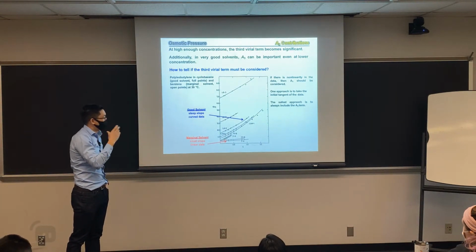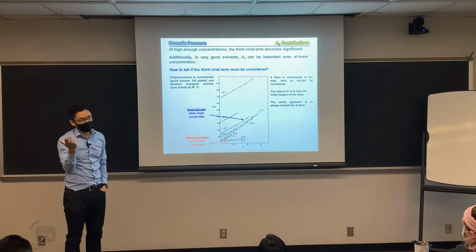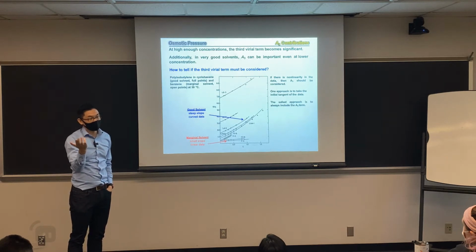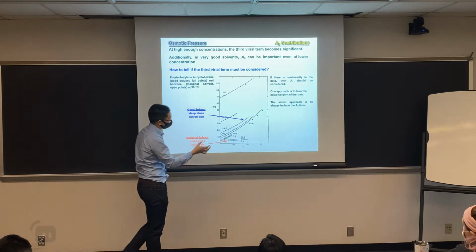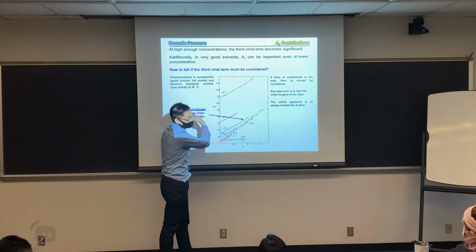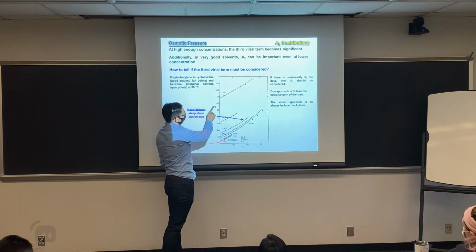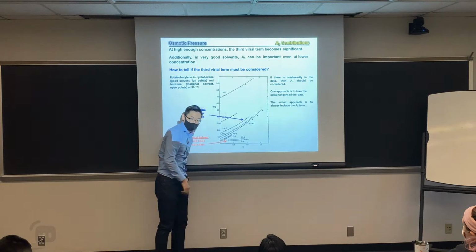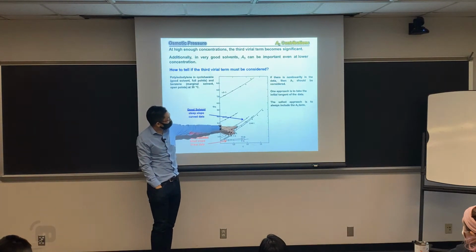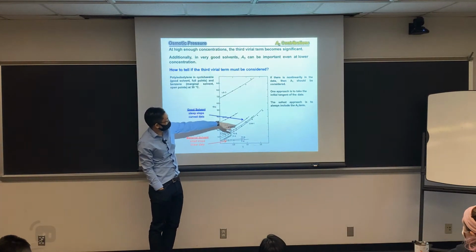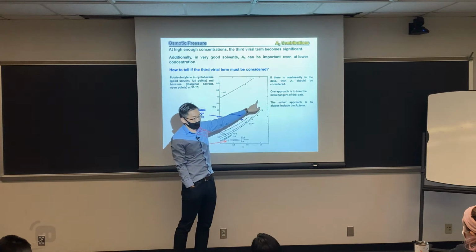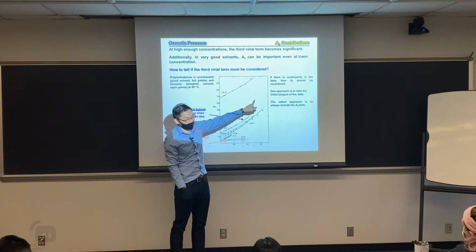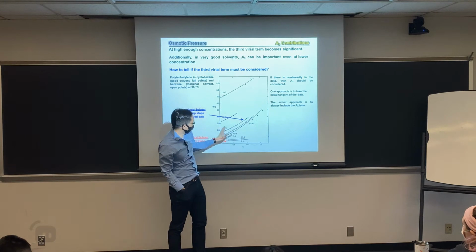So why, and what's happening? If you see a deviation at high C when you plot osmotic pressure divided by C versus C, remember we eliminated the high concentration term. So this upward turn comes from the dependence on A3.